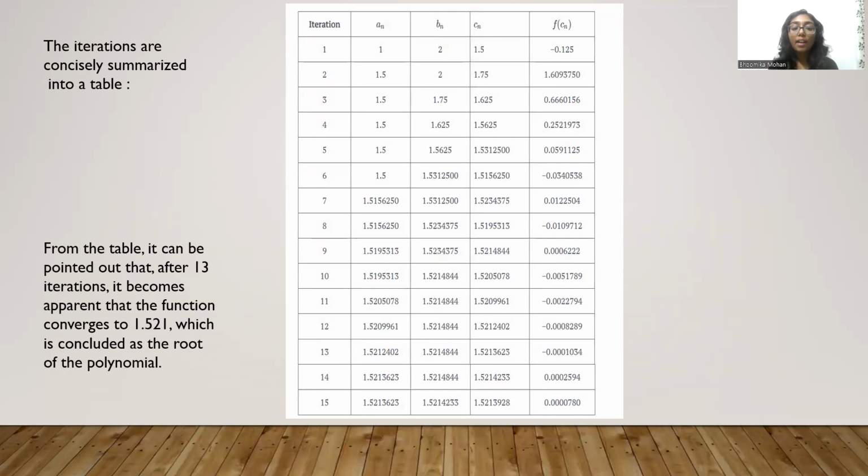So on till the fifth iteration, an is given by 1.52136233, bn is given by 1.5214233, cn is given by 1.5213928, f of cn is given by 0.0000780. From the table, it can be pointed out that after 13 iterations, it becomes apparent that the function converges to 1.521, which is concluded as the root of the polynomial.